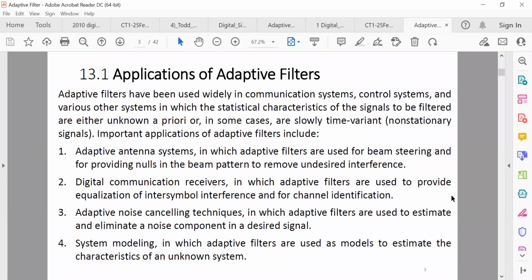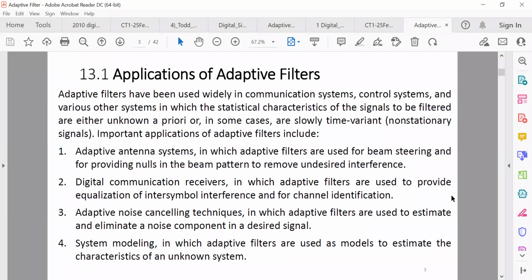Adaptive filters have been widely used in communication systems, control systems, and various other systems where the statistical characteristics of the signals to be filtered are either unknown or in some cases slowly time variant.